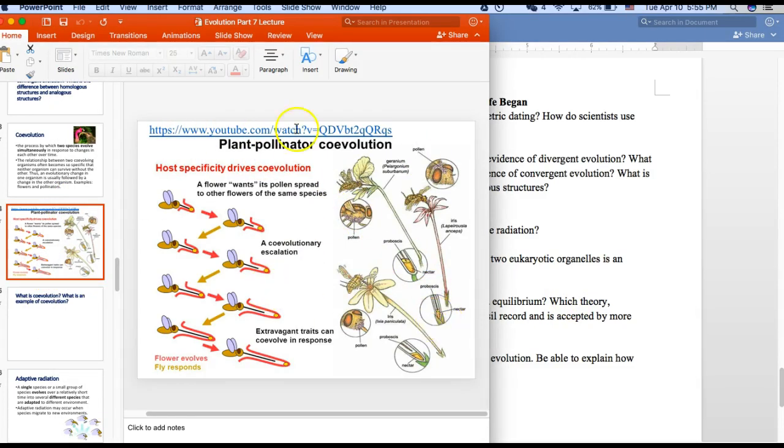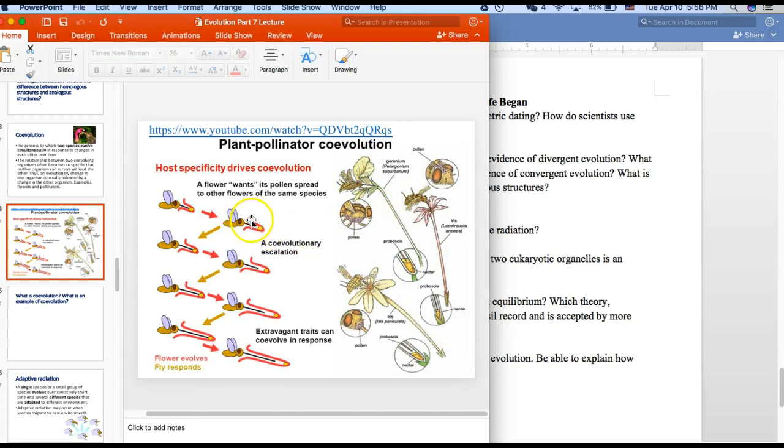But what this is showing you over here is this flower right here. This flower wants, quote unquote, wants pollen to be spread only to flowers of the same species. So if it's like a regular flower where the pollen is right on top of the flower, then any pollinator is able to spread that pollen.